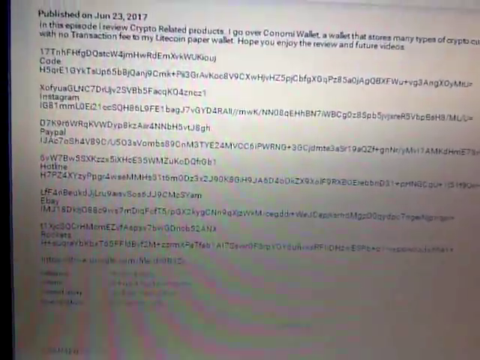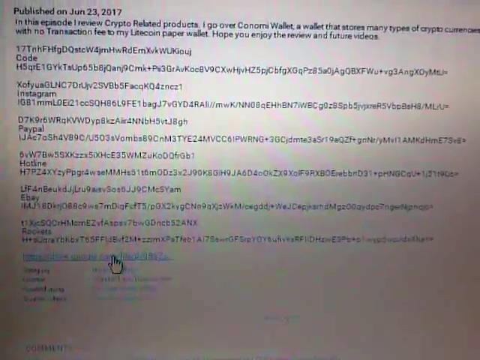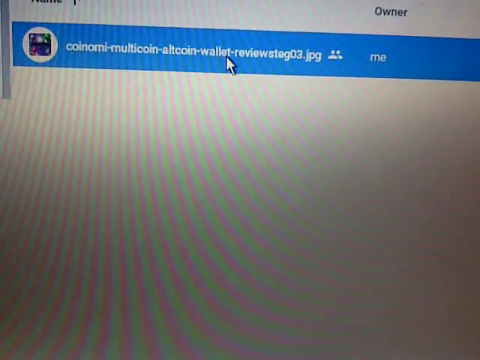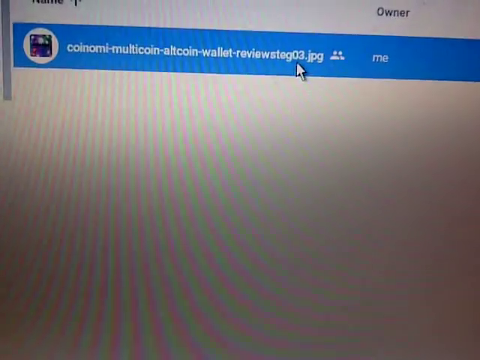Basically at this point it's a puzzle, and then right here at the bottom, that will take you eventually to this thing here. Remember it's 03, so download 03.